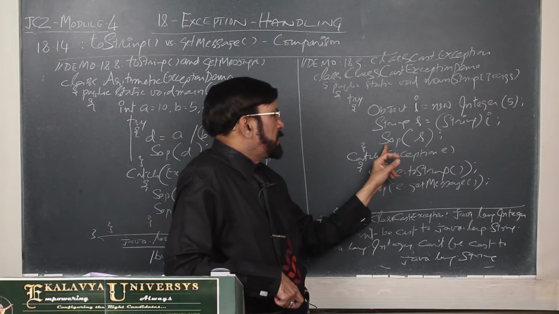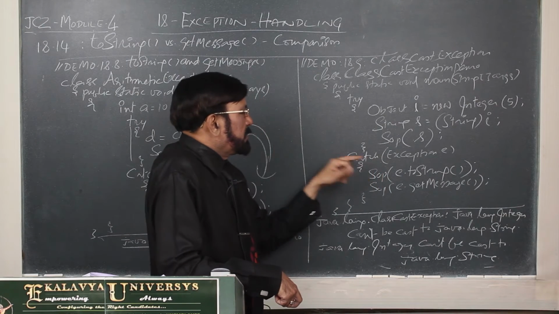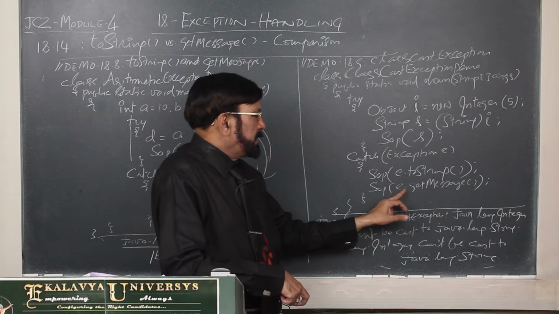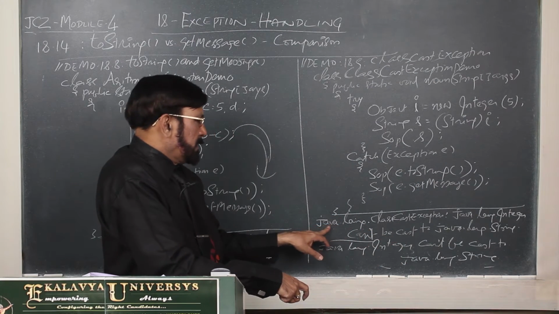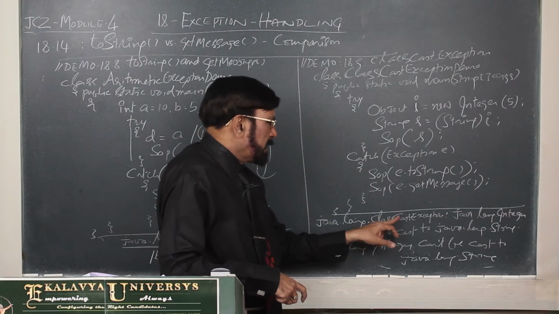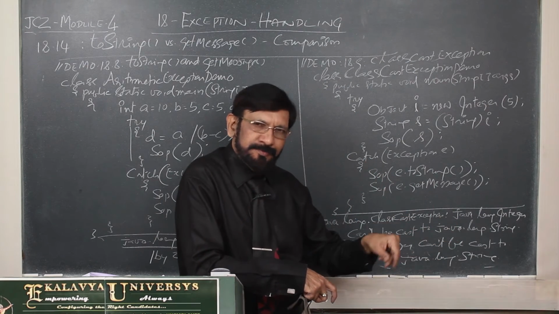Now we see the System.out.println of s that we are writing. Now you see the exception, e.toString and e.getMessage. You find the difference. This is our focus. Because of e.toString, we get java.lang.ClassCastException, which is the exception name.